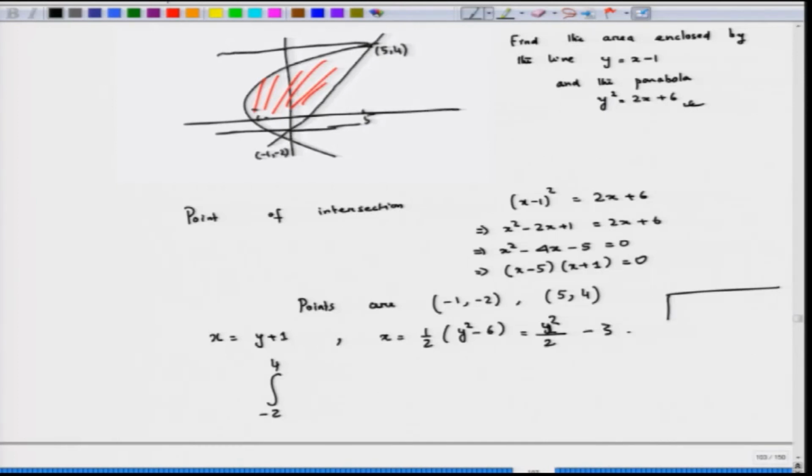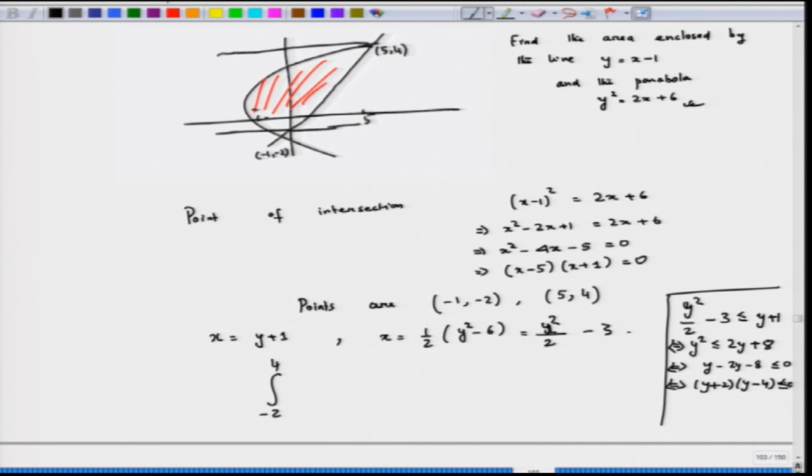You can see this: y squared by 2 minus 3 is less than or equal to y plus 1 if and only if y squared is less than or equal to 2y plus 8. So, if and only if y squared minus 2y minus 8 is less than or equal to 0, if and only if (y plus 2) into (y minus 4) is less than or equal to 0.